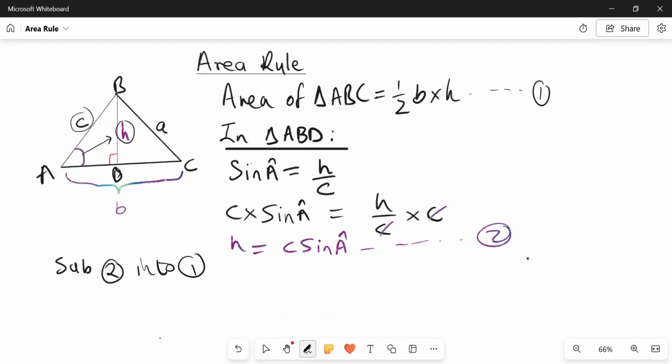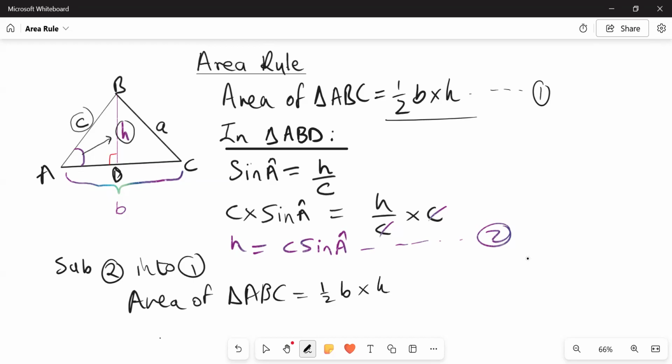Okay, here's our equation 1. For equation 1, you have the area of triangle ABC equals 1 over 2 base times height.